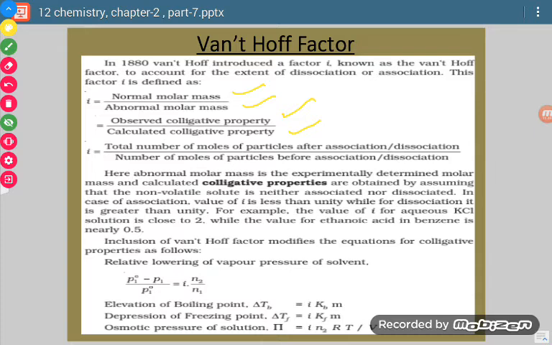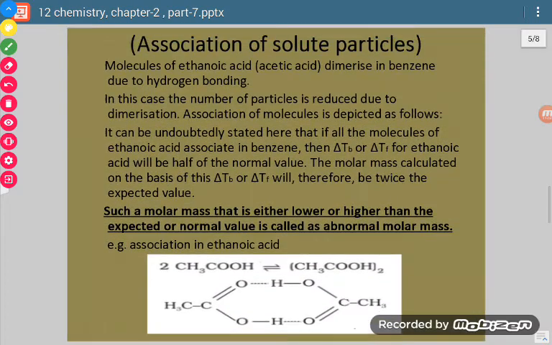Okay. Now how to find the value of i from association or dissociation? For finding the i value, we can apply this formula: total number of moles of particles after association divided by total number of moles of particles before association. This way it will give us a number. Okay. Now see, in this case, total number of particles after association is 1, and total number of particles before association was 2.